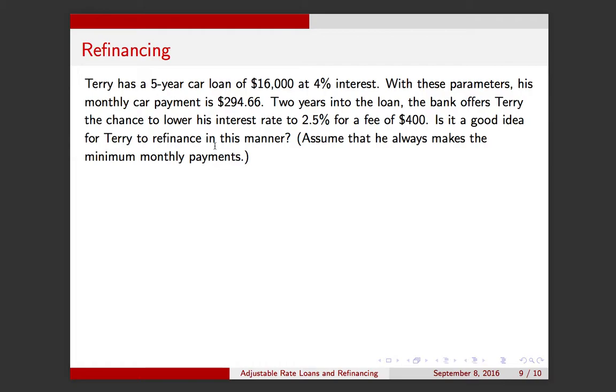And every time I've been offered those, I scurry off to this bank rate calculator and I analyze the consequences. And usually the bank will offer you an array of options. So let's say things like, hey, we'll lower your interest rate to 2.5% for this fee. We'll lower your rate to 2% for some slightly bigger fee. You can analyze the consequences of all that as they offer them to you.